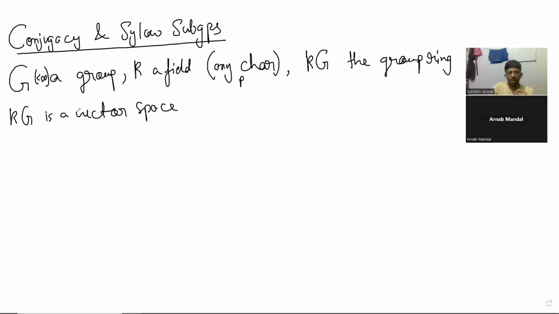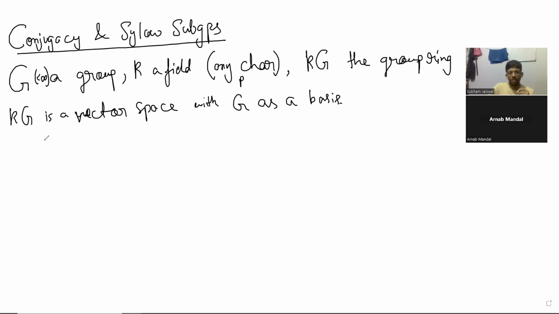Yes, we can assume finite. So KG is a vector space. And these group actions can also be said in terms of modules over KG. So what is KG? KG is a vector space with G as a basis. So G is a basis and KG becomes a vector space with respect to that.